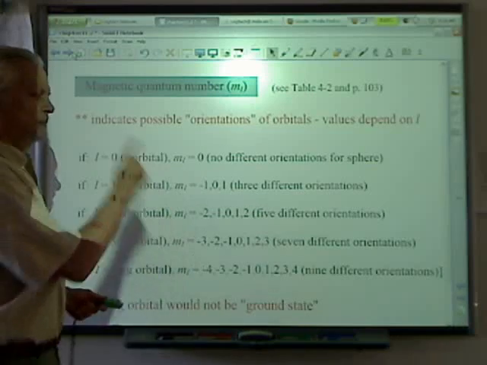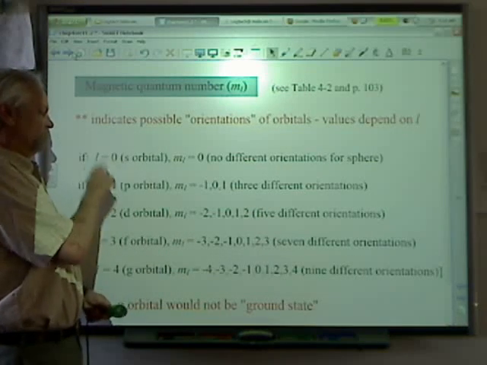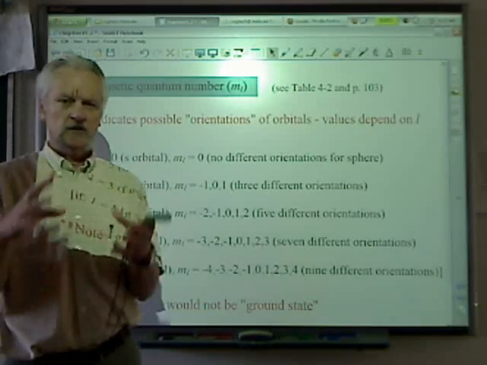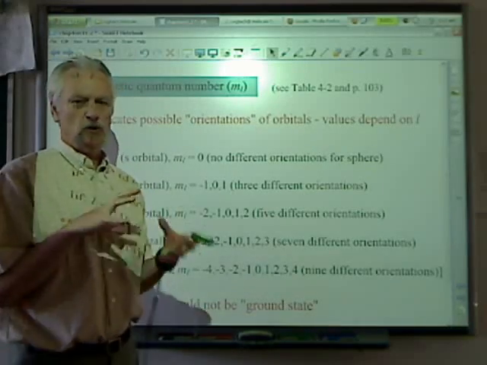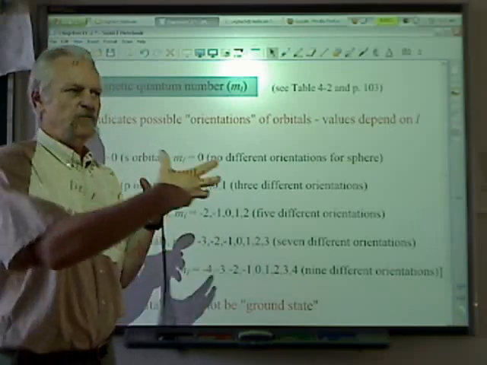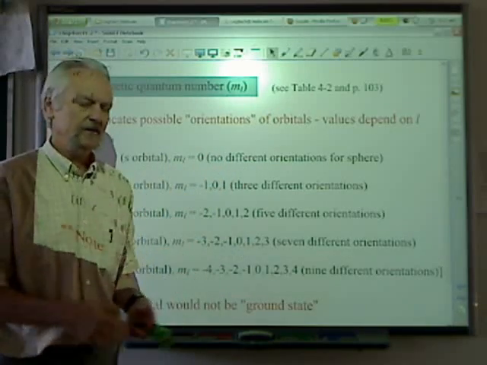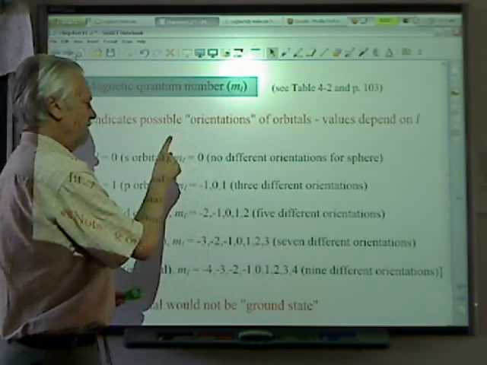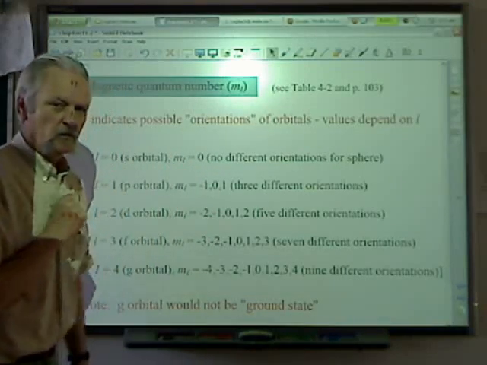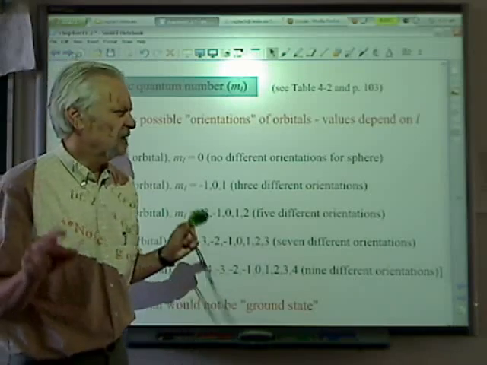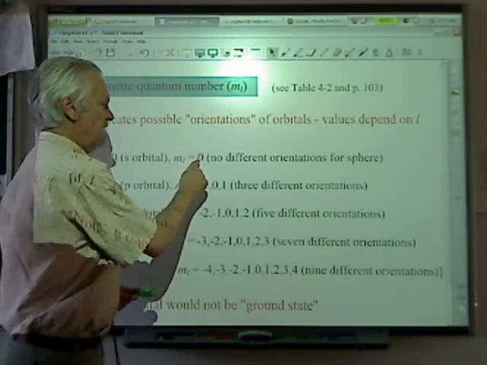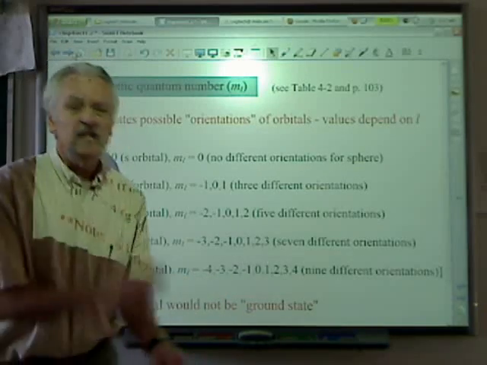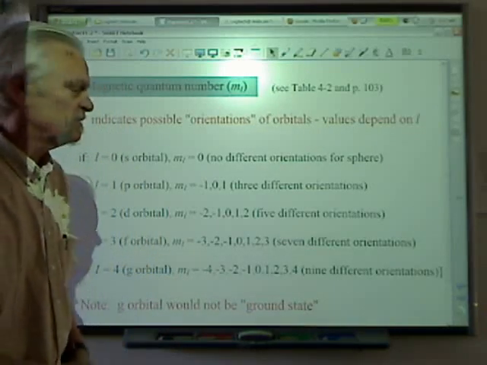For example, if your angular momentum quantum number is 0, you have an s orbital, and since an s orbital is spherical, there's no different way you can orient that to define a new space, so the magnetic quantum number, which is best thought of as an orientation number, has to be 0 also, because of the lack of any different orientations that exist.